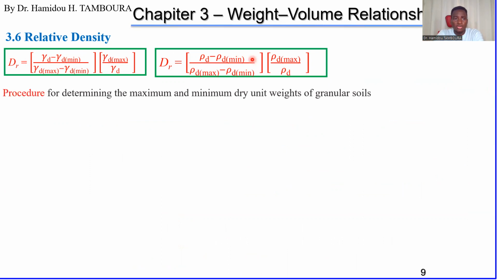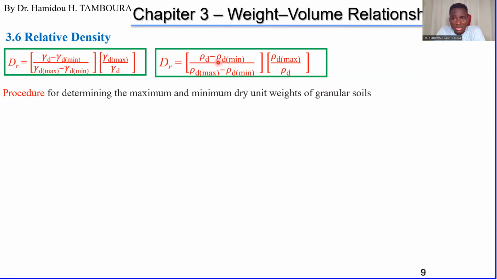Okay. So now let's explain a little bit how we obtain the maximum and the minimum dry unit weight of granular soil. How do we do that? This unit weight, maximum and minimum dry unit weight. And I told you, everything you do with unit weight, you can do it with density also as well.